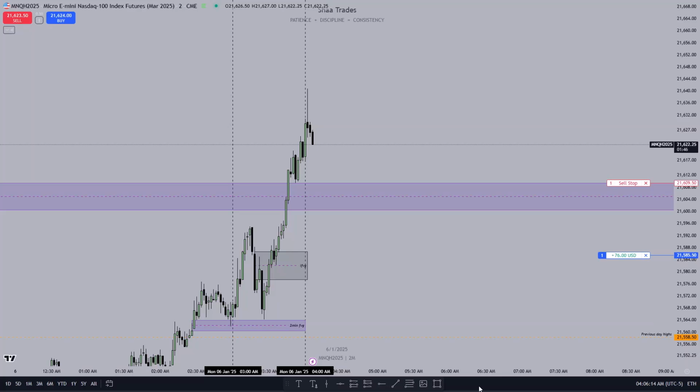Let's make some money, because that's what we're in trading for, right? We're trying to make money. We're trying to supplement our income, or we want to move our income from a 9 to 5 and focus on trading full time. So there's a couple of things, depending on what your plan is.